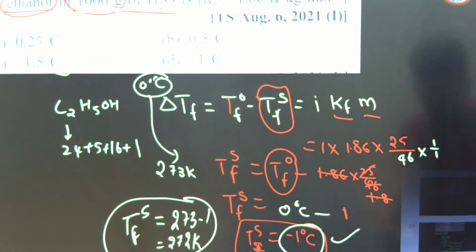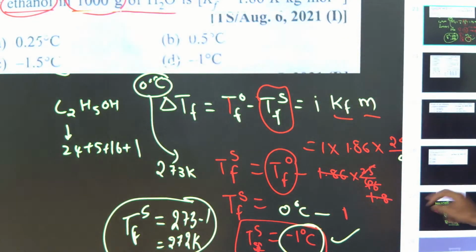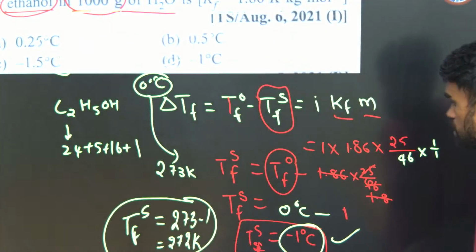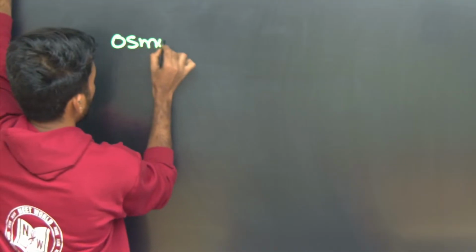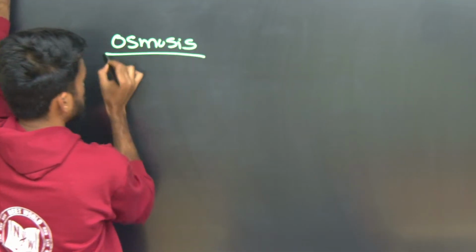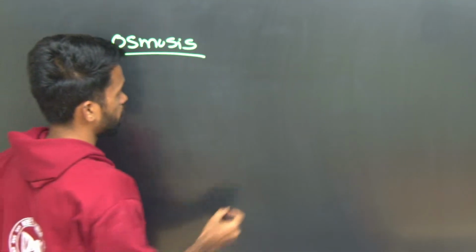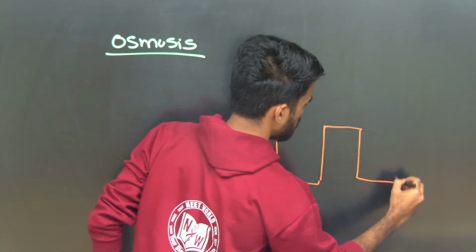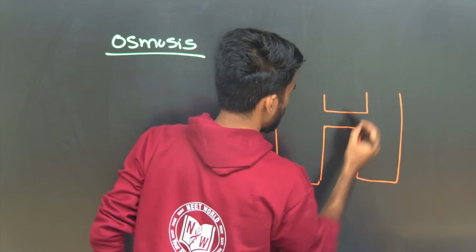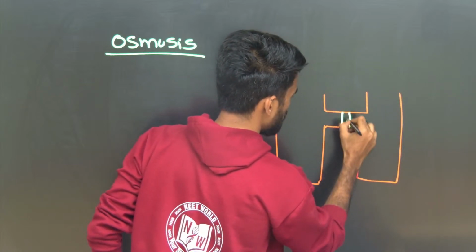Right. Let us move forward with a few more concepts, and before moving to the next question, let me finish off osmotic pressure also. So what exactly does osmotic pressure mean? First understand osmosis. Look at this, I am drawing a container which is separated by a membrane.